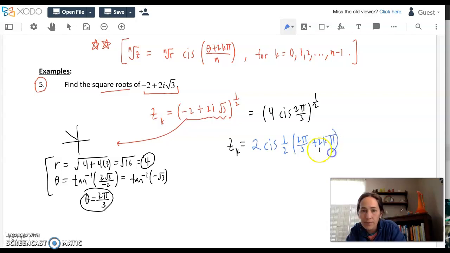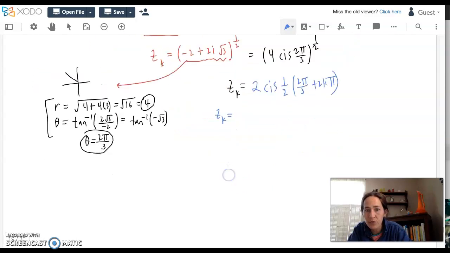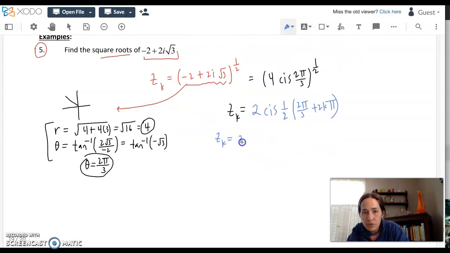And then that 2 is the n that's on the bottom in this rule. I'm going to bring it into both parts carefully. It'll be z sub k equals 2 cosine plus i sine, bring in the 1/2, and you get pi over 3, and bring in the 1/2 to this part, plus k pi. That should do the trick, just dividing that whole expression by 2.